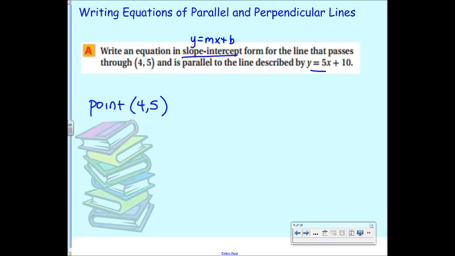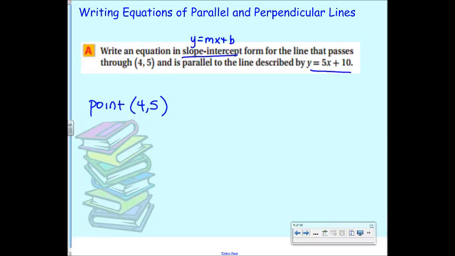So if I know that it's parallel to this line, what do I know about it? They're parallel lines, which means they have the same slope. So what's the slope of this one that I underlined? 5. Just 5, not the x. The x is part of the slope. So then what's the slope of the line I'm trying to figure out? Also 5.